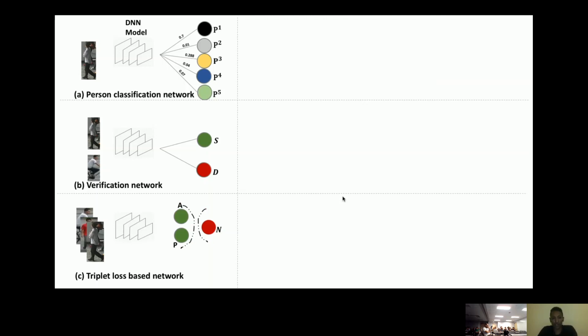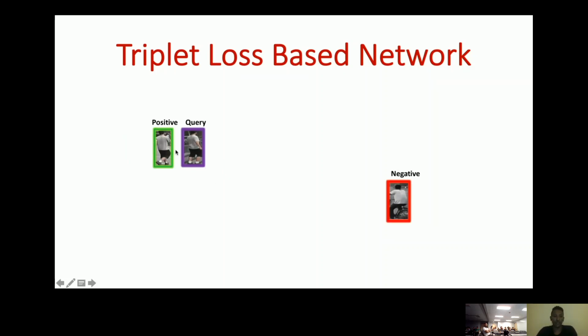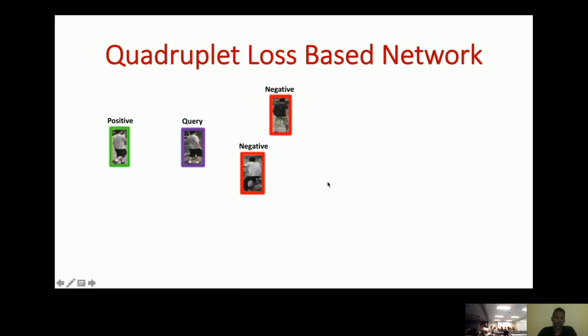In this case, we have three entities involved in the loss computation, which are the anchor, the positive image, and the negative image. The objective of this network is to maximize the similarity between the positive and the query image while maximizing the distance, or the dissimilarity, between the query and the negative image. Here we have the quadruplet loss-based network.